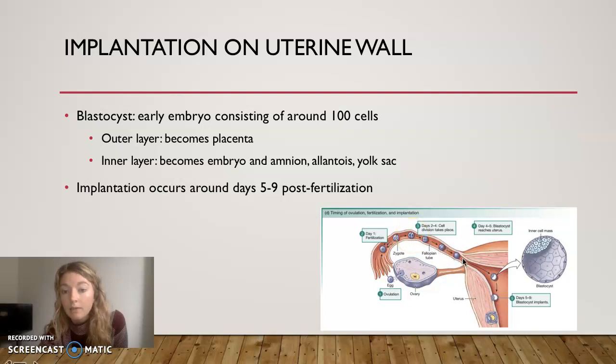This zygote eventually reaches the uterus as a blastocyst, where it then implants on the uterine wall and begins to develop. That usually occurs on days 5 to 9 after fertilization. Once implanted, the embryo begins to develop. Throughout this process, we see several hormones, processes, and structures that work together to ensure proper implantation and development.